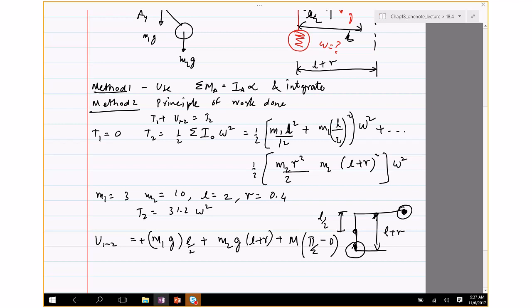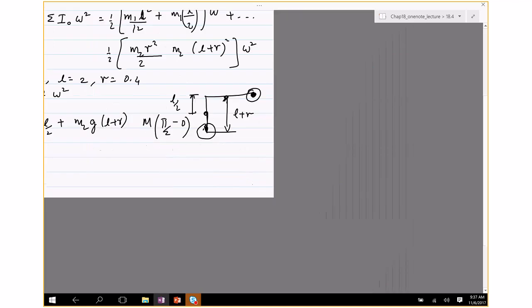Okay, now what's the sign on this? Is it positive or negative? It's negative. Why is it negative? Well, it's doing positive work though.